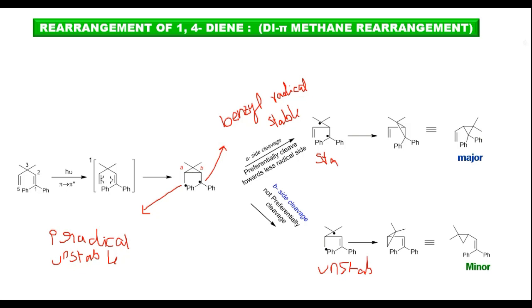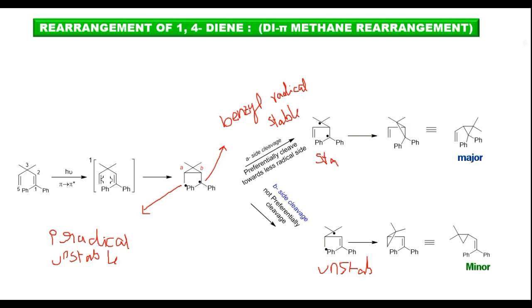So friends, this is about the di-pi-methane rearrangement. What kind of example they may give, the reaction is similar till here. Now you focus on which side cleavage is going to give the major product. Always cleave preferentially towards the less stable radical side.